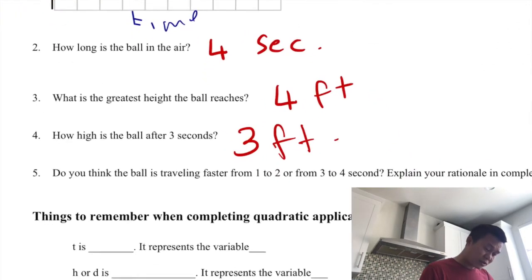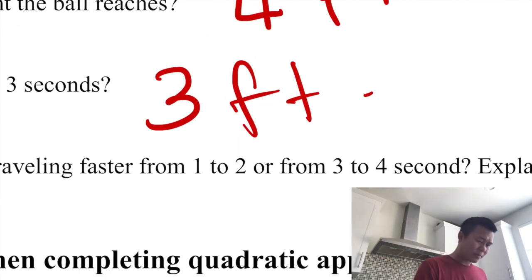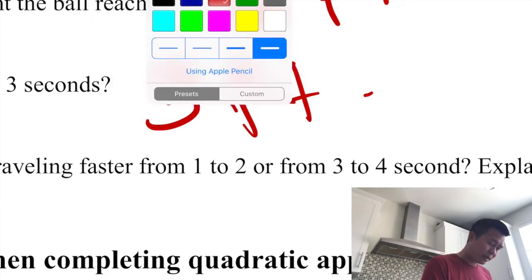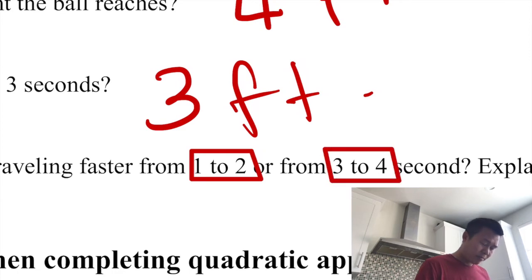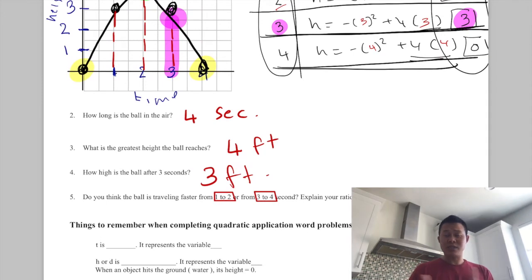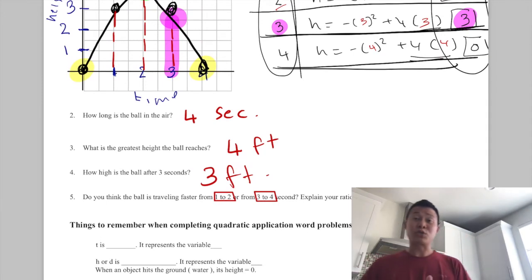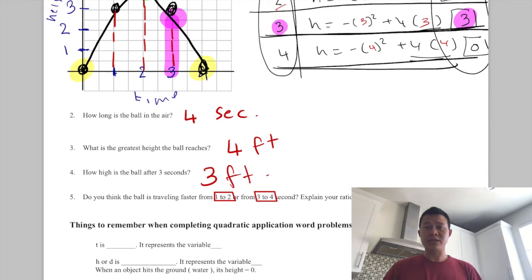Do you think the ball is traveling faster from time 1 to 2 or from time 3 to 4? So these time spans are just 1 second apart, as you can see, right? But in terms of speed, in which time interval is the baseball traveling faster? So what we want to do here to answer this question is calculate the slope or the rate of change.